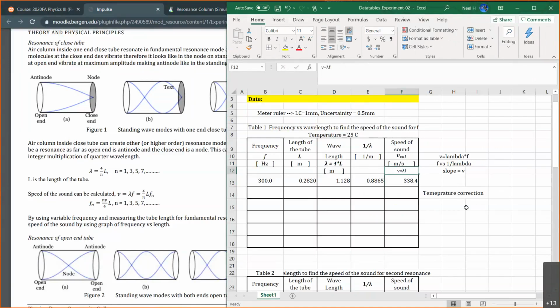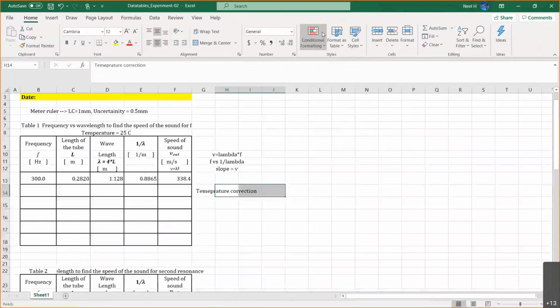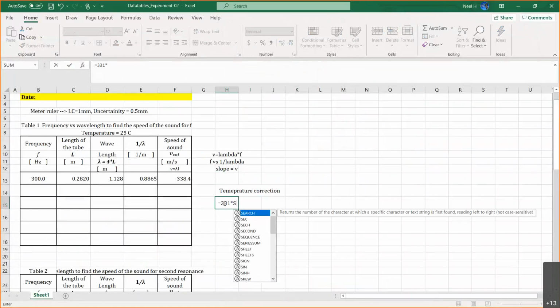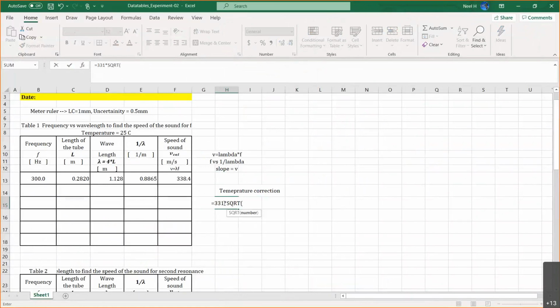So let's take a look now. Let's do the temperature correction first to see what we're getting for the velocity, whether it is reasonable or not. How to do the temperature correction for the speed of sound? Equal sign. Sound speed at 0 is about 331, right? Times square root, parentheses. Then I need the temperature in Kelvin, right?